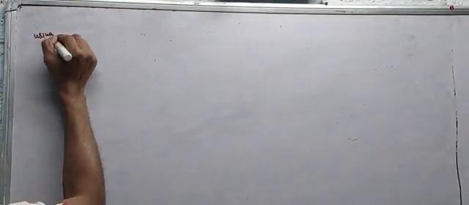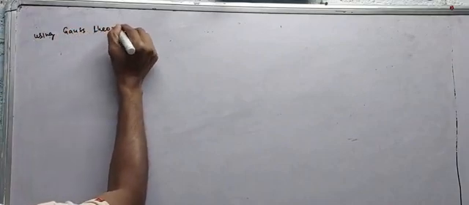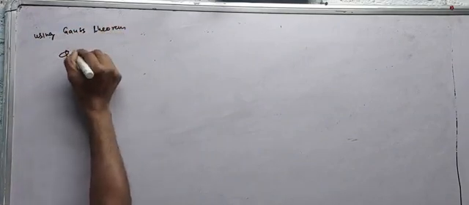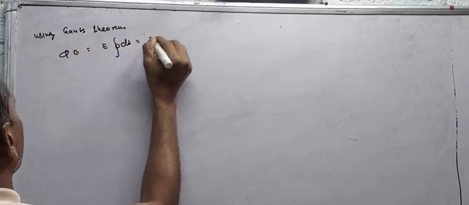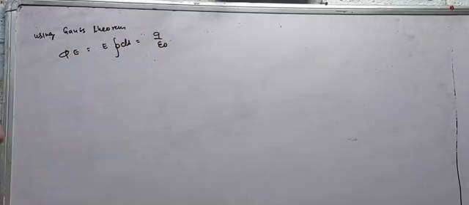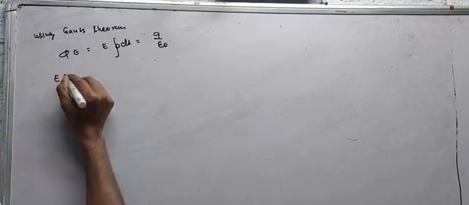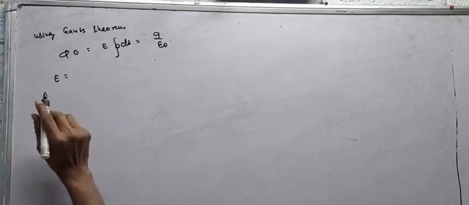Using Gauss theorem, phi E equals E surface integral dS, that is q upon epsilon naught.